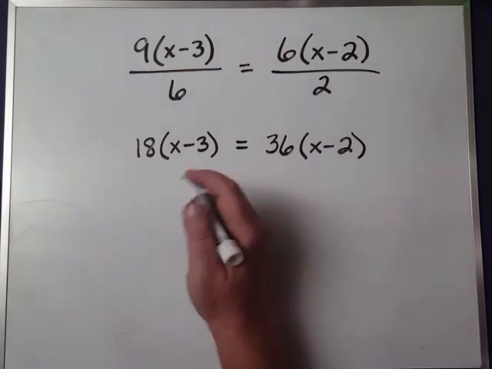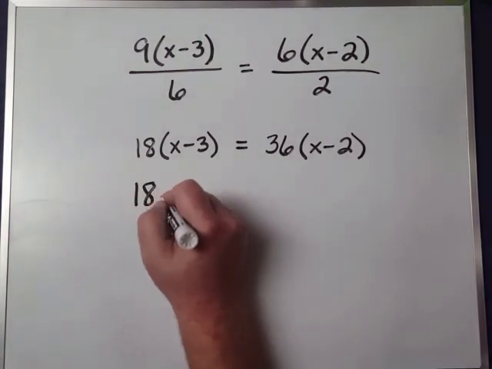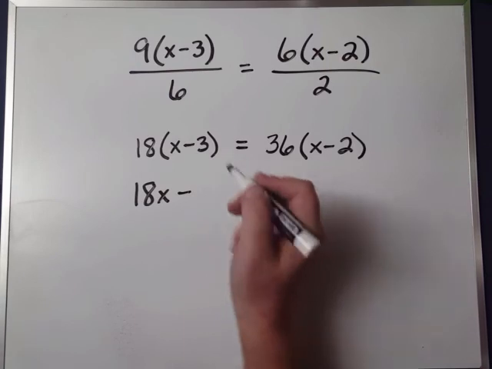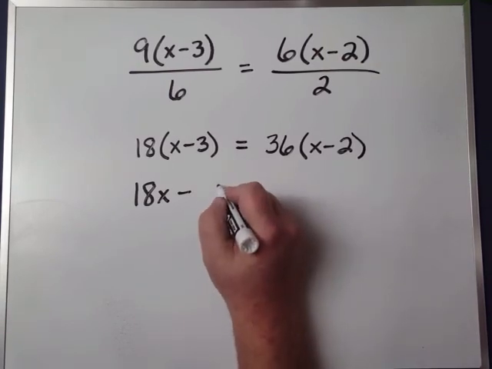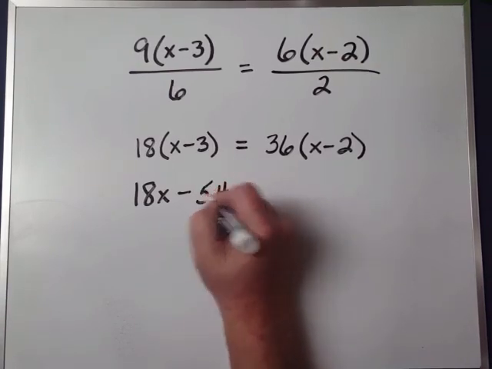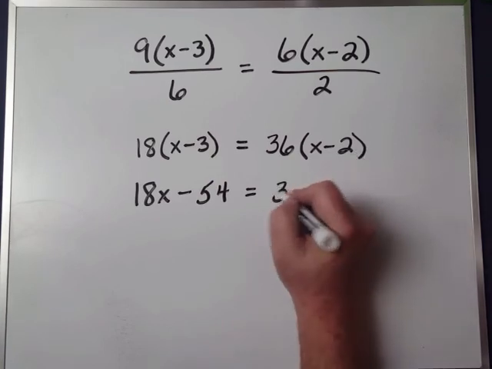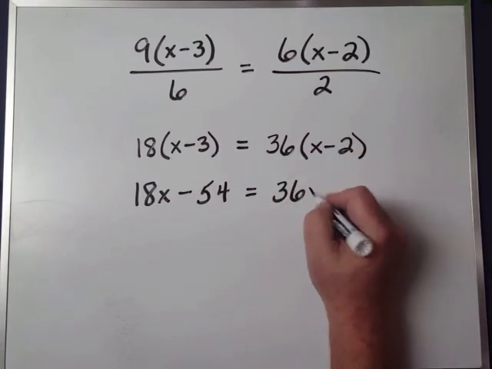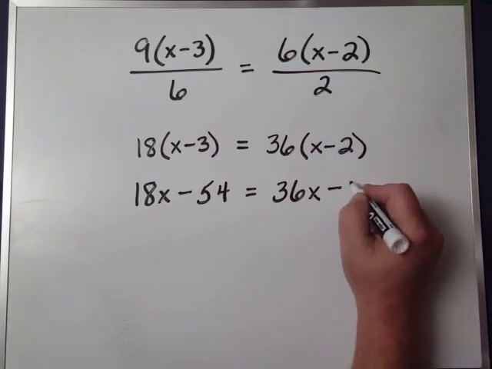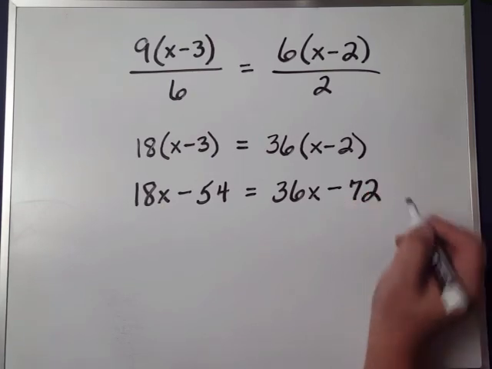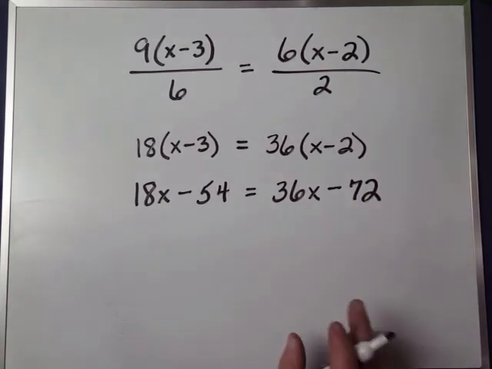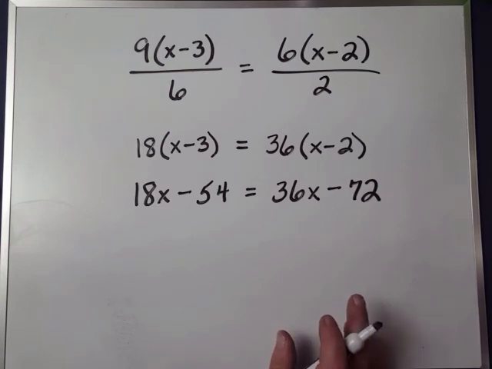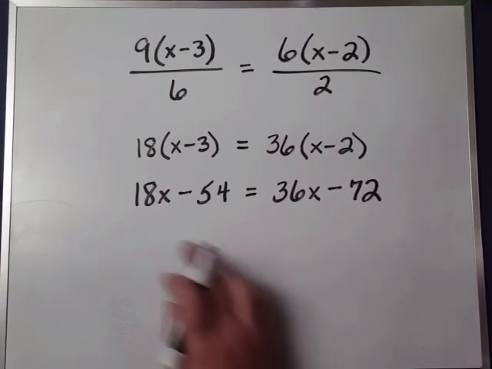Distribute the 18 now. 18 times 3, 54. Distribute the 36. 36 times 2, 72. I'm going to collect my x's on the right-hand side this time.